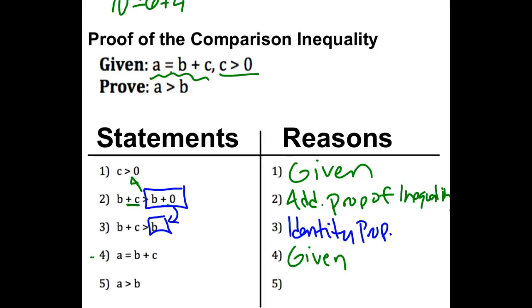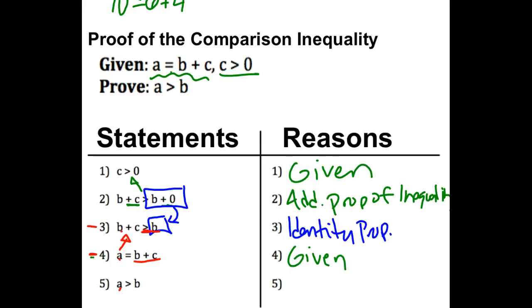Here's where some of your geometry knowledge is finally going to come into play. They've talked about two different things: here's an inequality, here's an equation. So my guess is they're going to make some type of connection there. I know A is greater than B, and if you look at line 3, there's an inequality that says greater than B. But in step 5, it switches from saying B plus C to saying A. That's where your step 4 comes into play, because since A equals B plus C, you can replace B plus C with A and say A is greater than B, which they do in line 5.